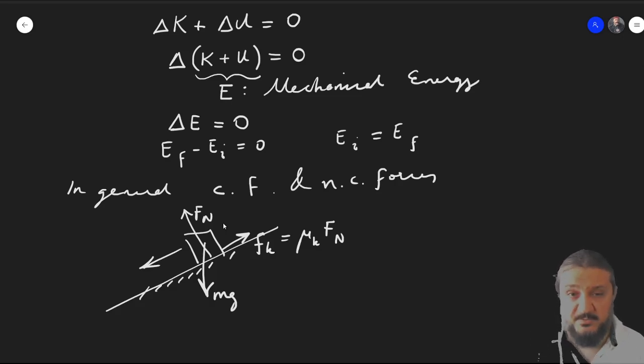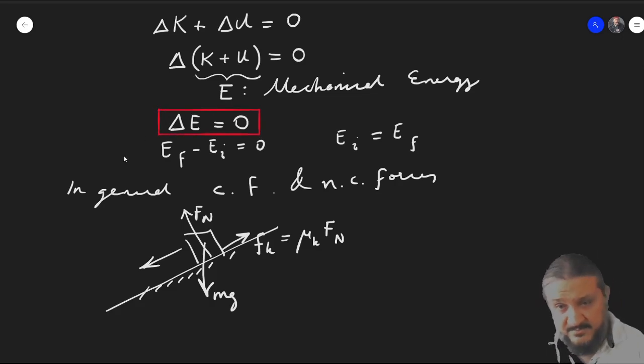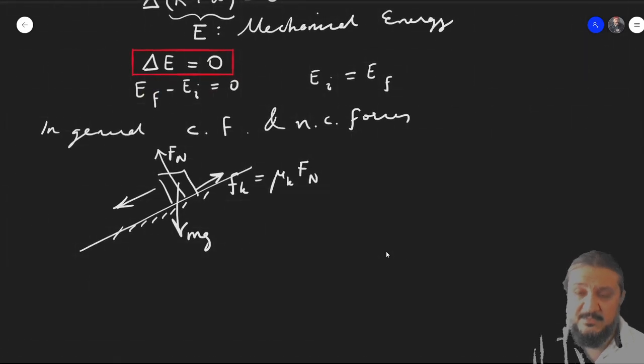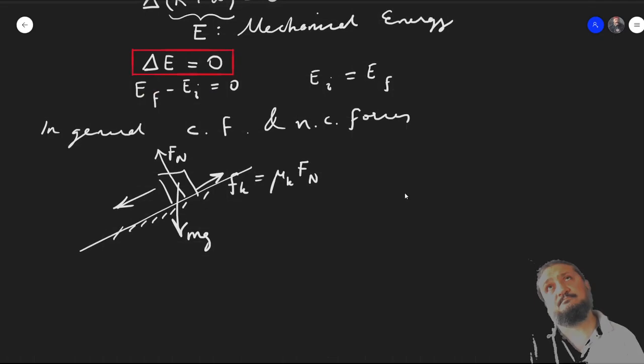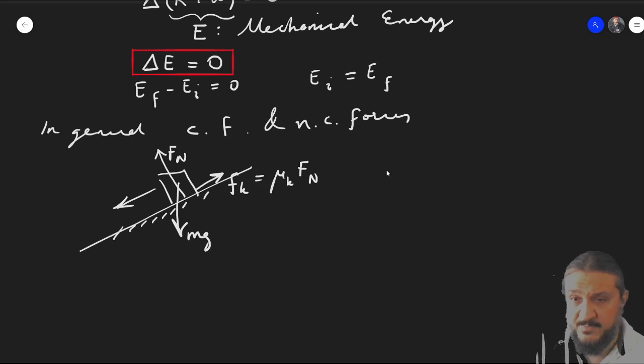So what do we do? We need to replace this equation by another equation which is more general. That's what we have to do, right? And to do that, we can go back to the work energy theorem again. Remember, the total work was equal to the change in the kinetic energy, work energy theorem.